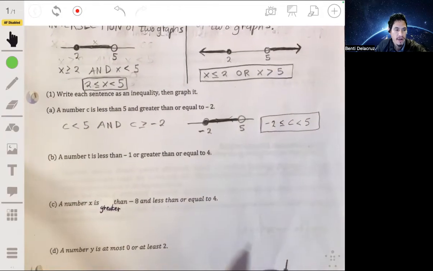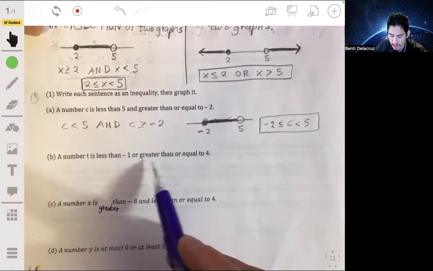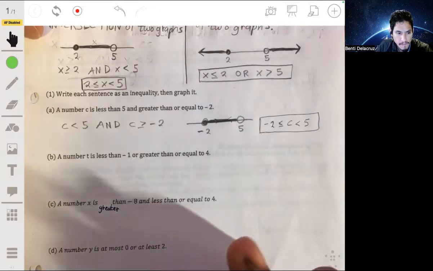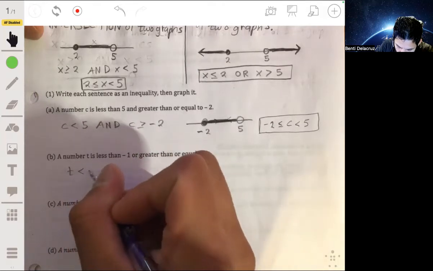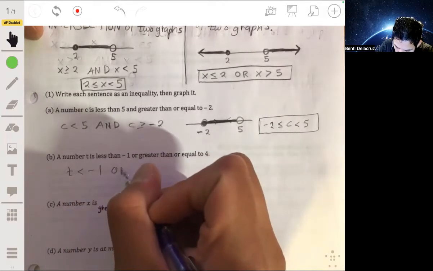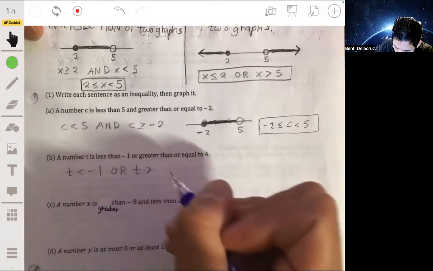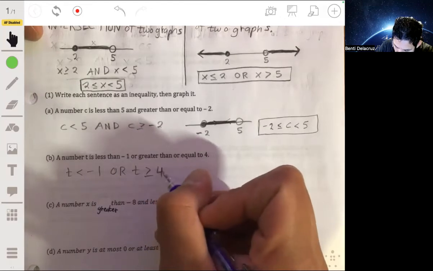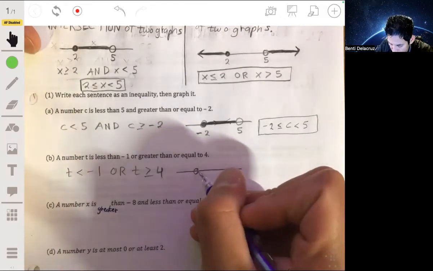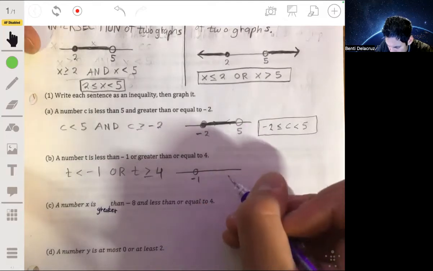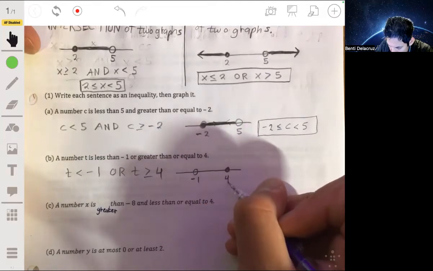Right, the B, we have number T is less than -1 or greater than or equal to 4. So T is less than -1 or T is greater than or equal to 4. We draw a number line. We would have an open circle on -1, closed circle on 4.